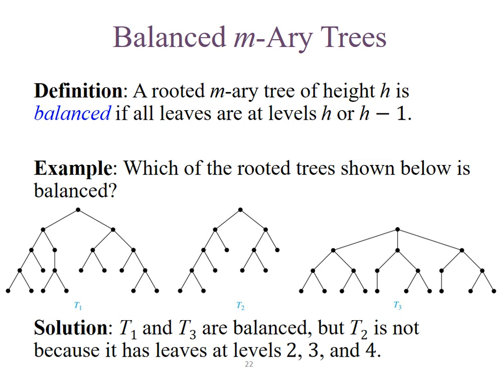So I want you to draw the tree, if this tree is a balanced tree but not a full m-ary tree. So it is an m-ary tree, but not a full m-ary tree, but it is a balanced tree. Draw the tree with minimal vertices and minimal edges, and what this tree looks like.